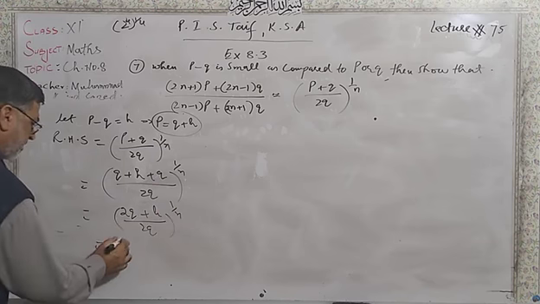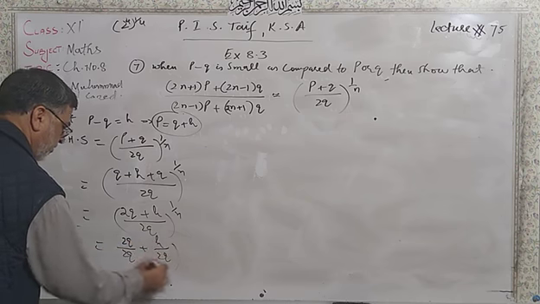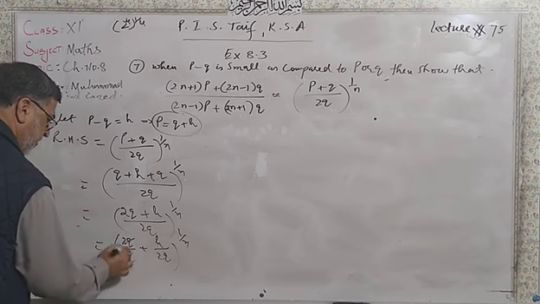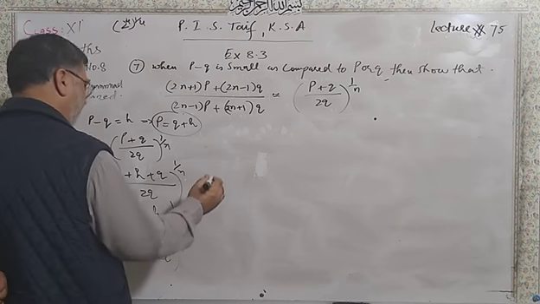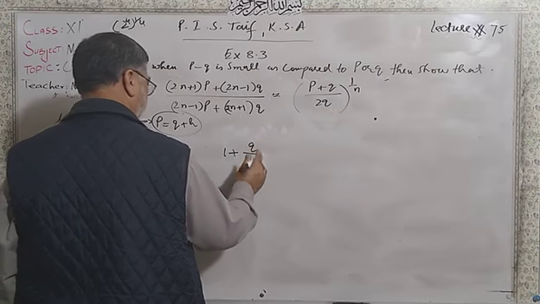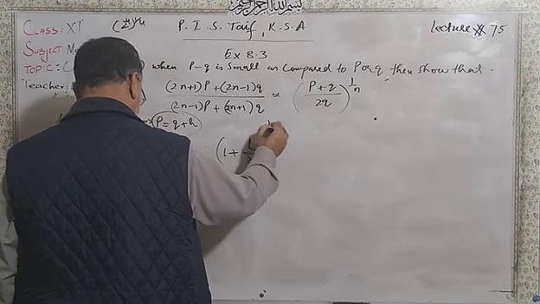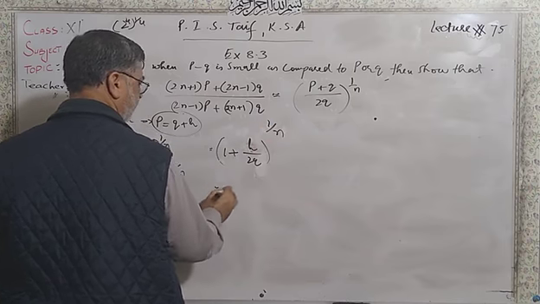Divide this: 2Q over 2Q plus H over 2Q, power 1 over n. This is 1, so here we will have 1 plus H over 2Q, power 1 over n.